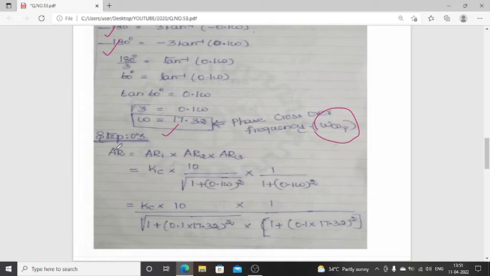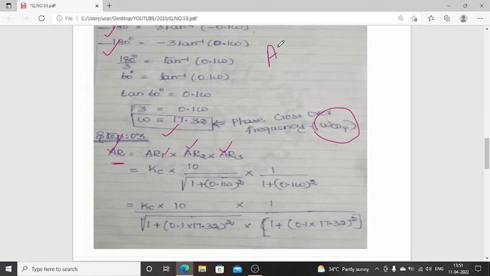Okay. So next is step number 3. Determine the overall amplitude ratio. Amplitude ratio is denoted as AR. So for the overall, we have 3 transfer functions, so multiply the 3 transfer function amplitude ratios: AR1, AR2 and AR3. So for a first order system, what is the formula of amplitude ratio?